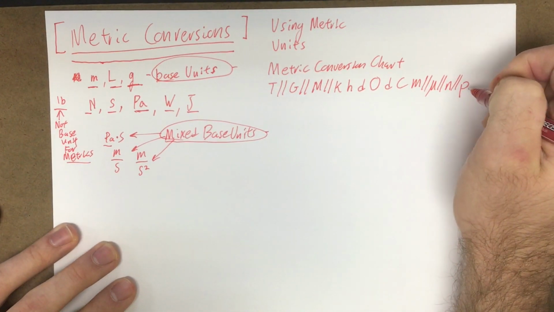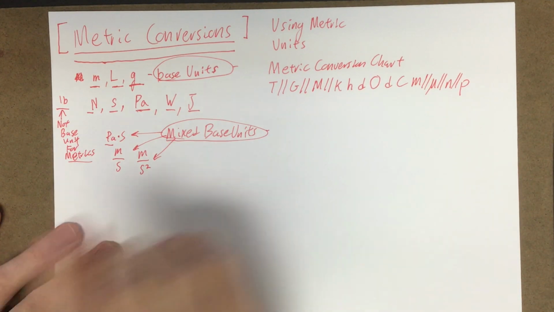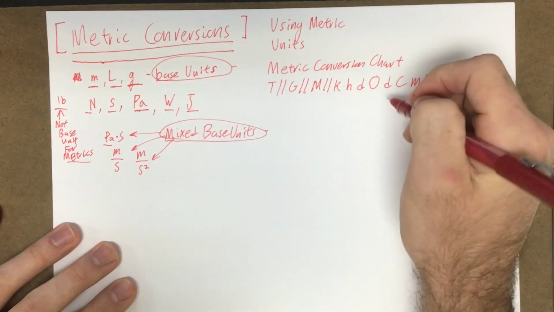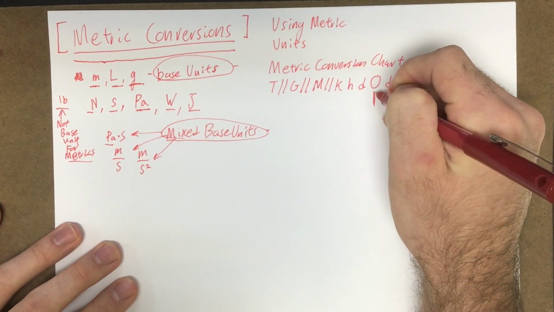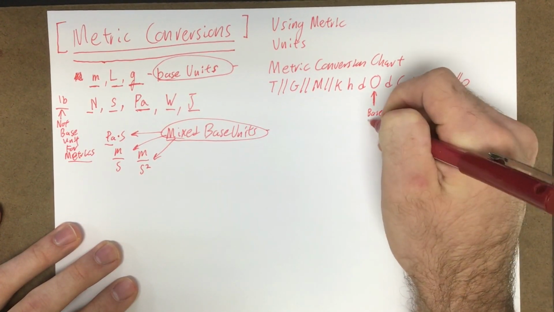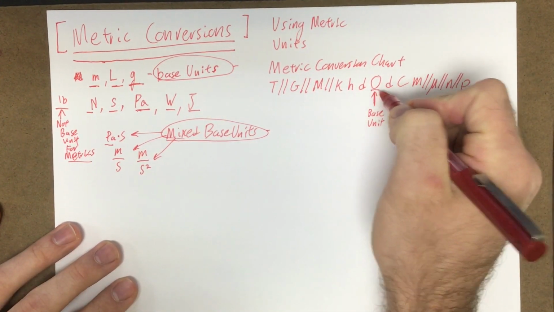Okay, and then there's Pico there at the end. Okay, so now my metric conversion chart, we need to think about where our base units go. And they go right here. This is our base unit. Okay. And now let's think about why we have this O here.